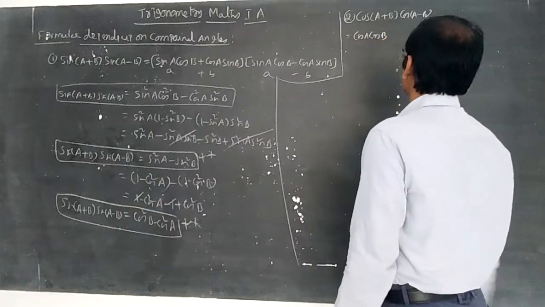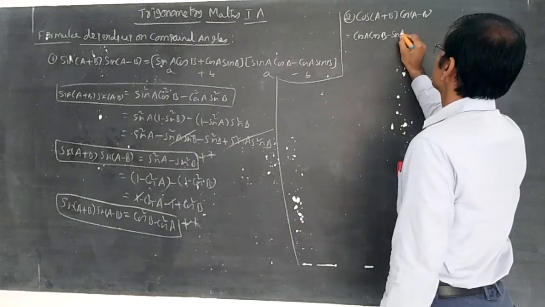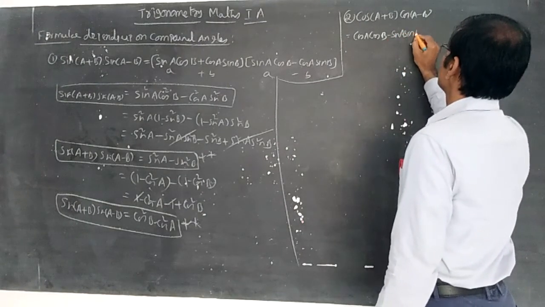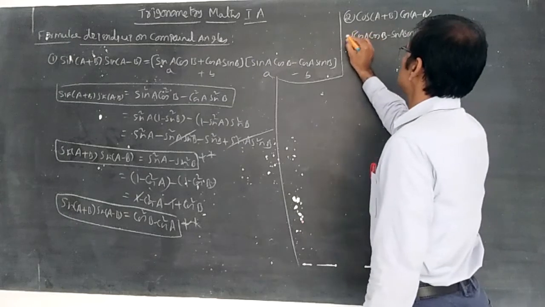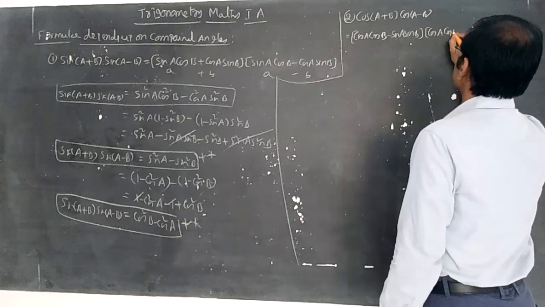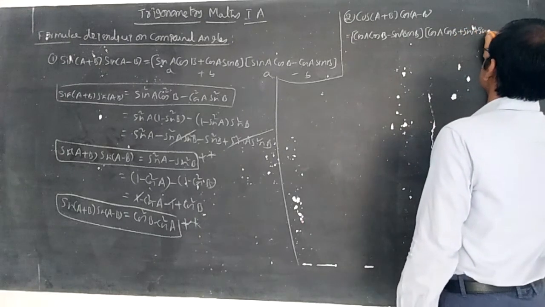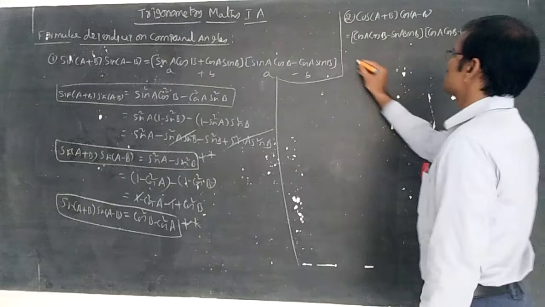Cos of A plus B is cos A cos B minus sin A sin B, and cos of A minus B is cos A cos B plus sin A sin B.